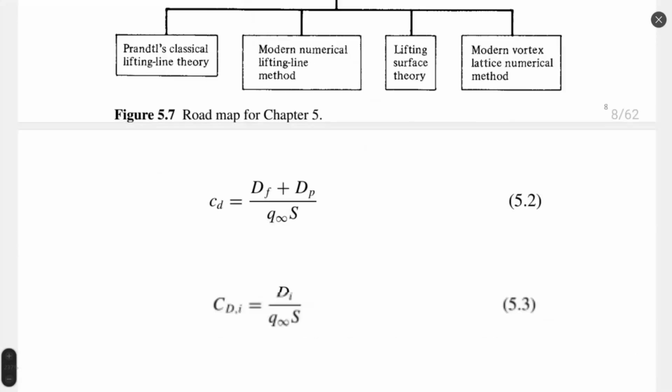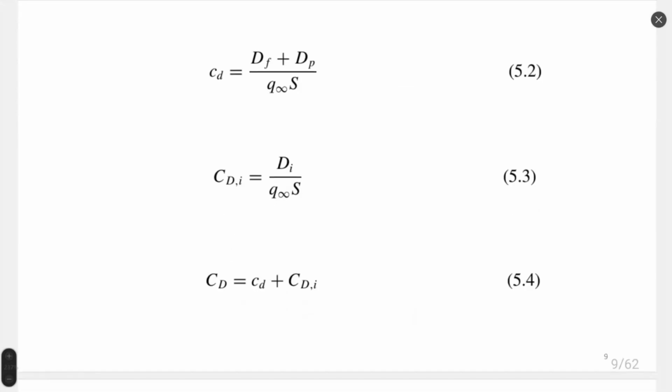First of all, we define drag on the wing. Drag on the wing is presented in equation 5.4. CD is equal to the drag coefficient of the airfoil plus the induced drag coefficient. So the drag coefficient is characteristic of two-dimensional flow, and the induced drag coefficient is characteristic of three-dimensional flow.